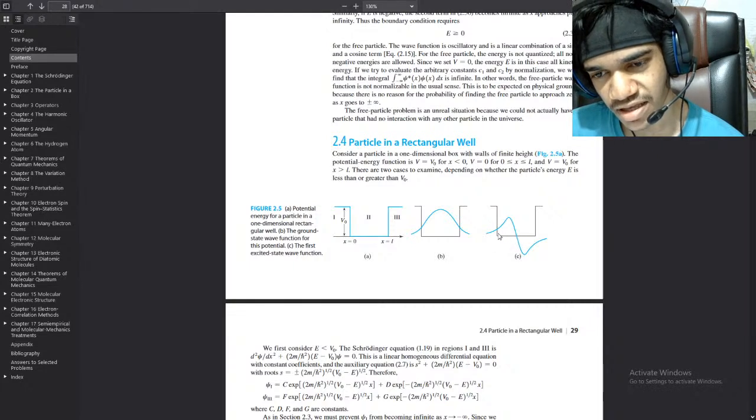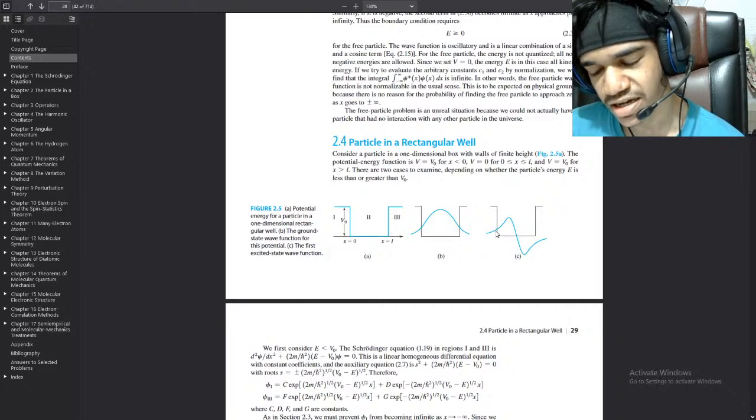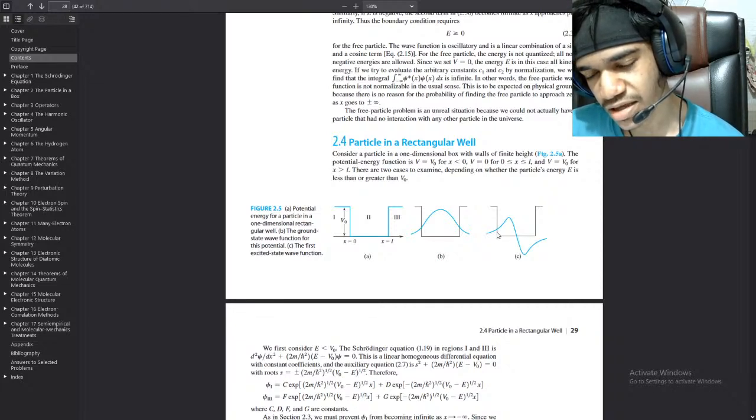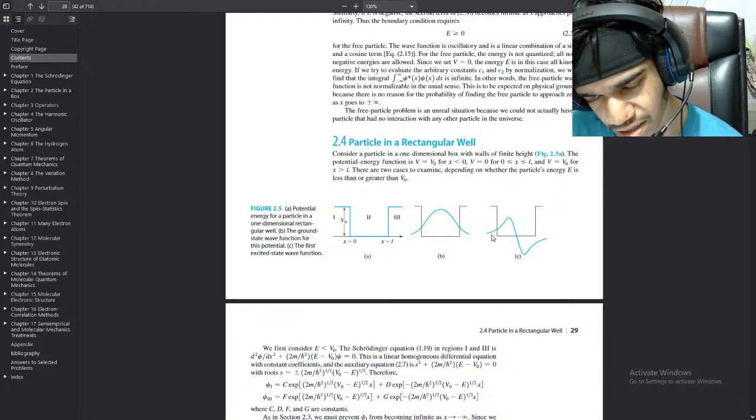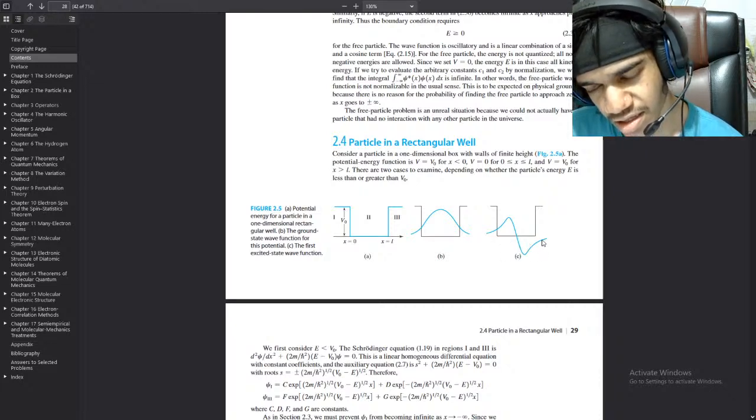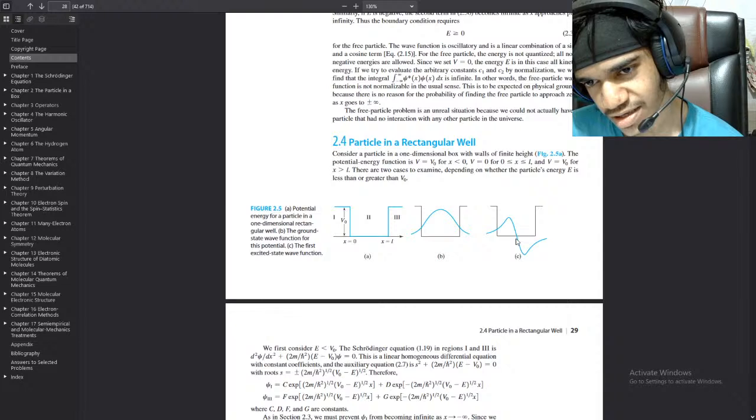Means near the boundary it should be. But the thing is, in quantum everything depends upon probabilities. So that's why it should not be zero, I think.